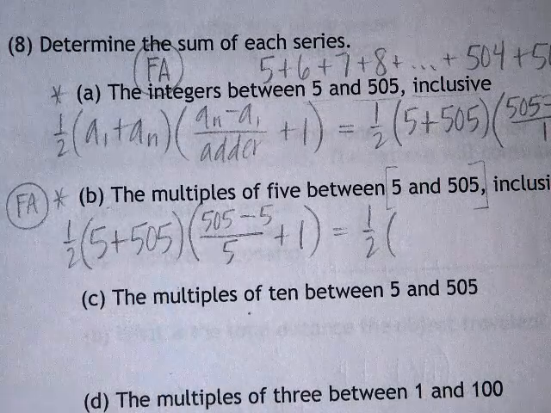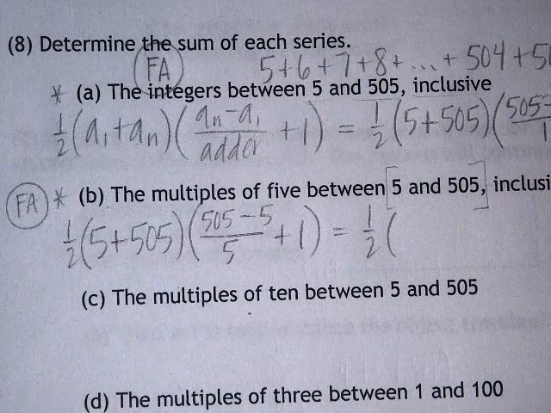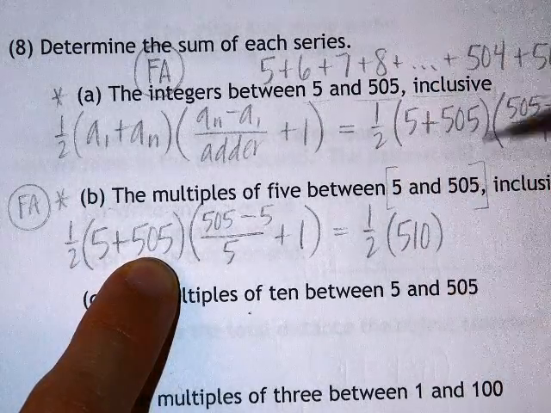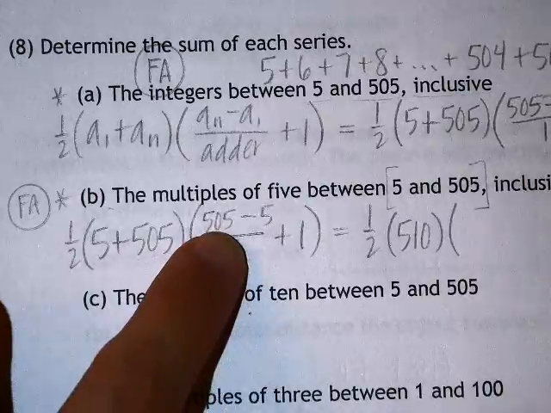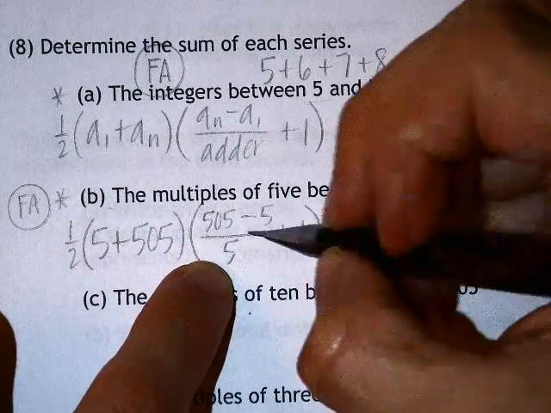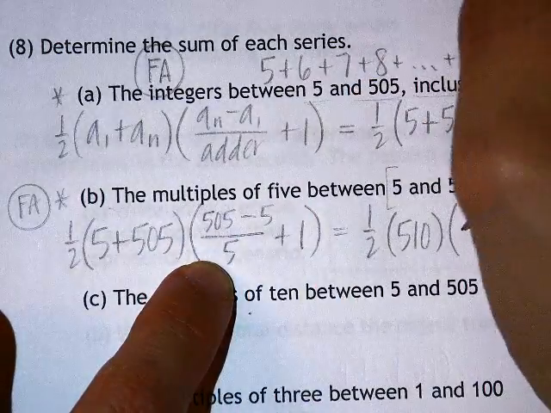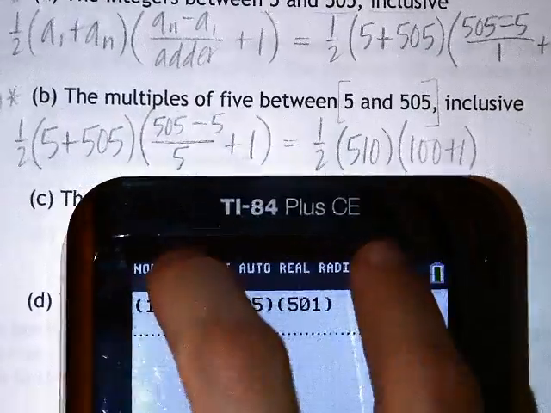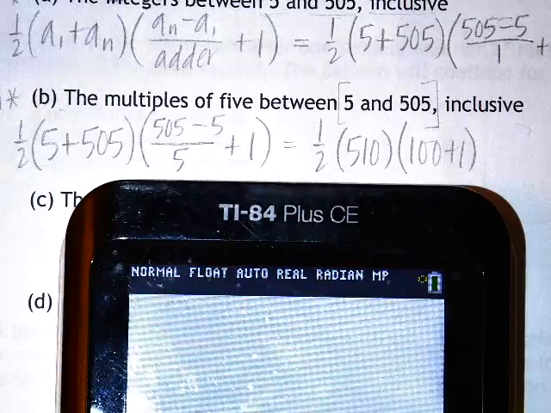If, for example, you wanted to do this partially without a calculator, 5 plus 505 is 510 in that first parentheses. Then in the next parentheses, 505 minus 5 is 500. 500 divided by 5 is 100, plus 1 would be 101. So into my calculator, I could type a condensed version of things.